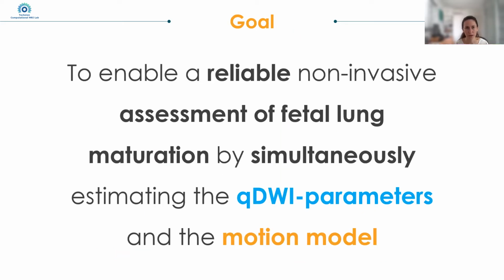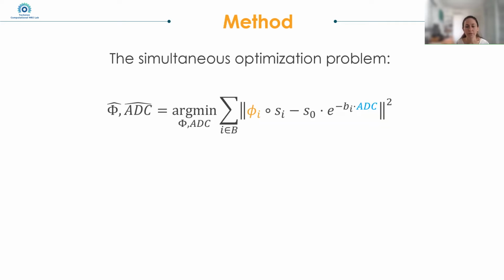Our goal is to enable a reliable, non-invasive assessment of fetal lung maturation by simultaneously estimating the qDWI parameters and the motion model. We define the simultaneous quantification and motion compensation problem as follows.